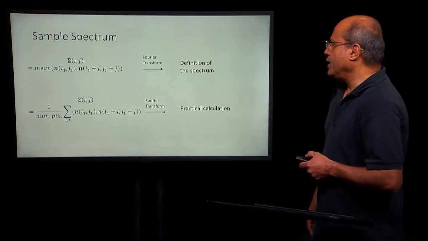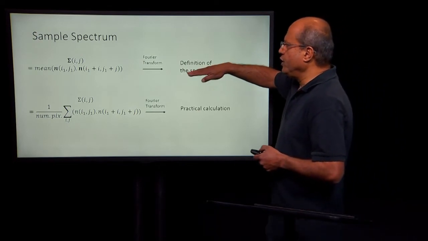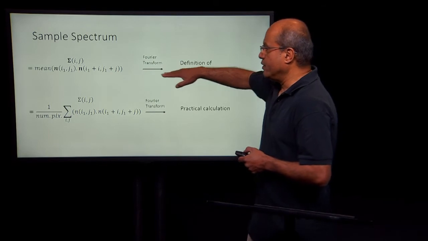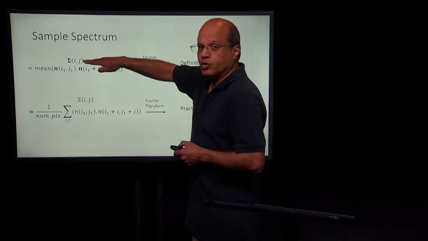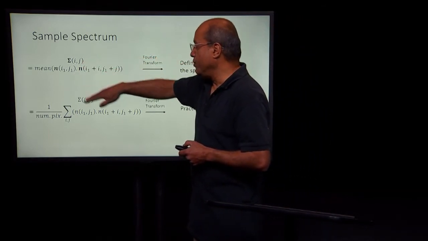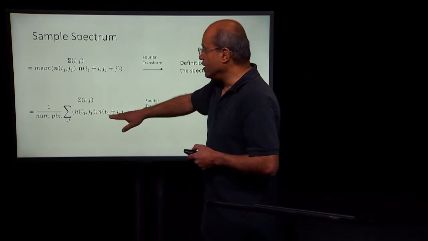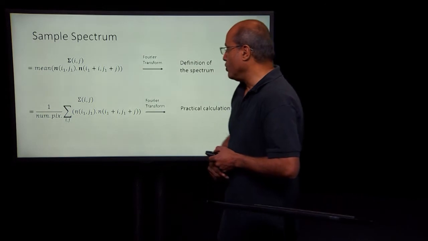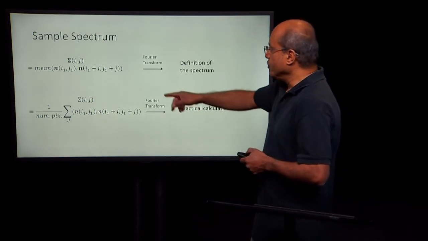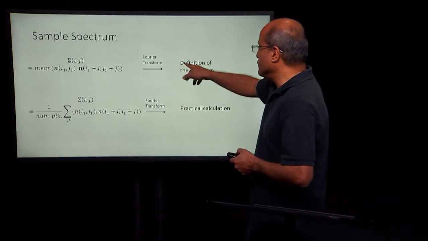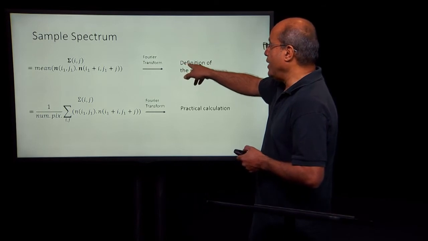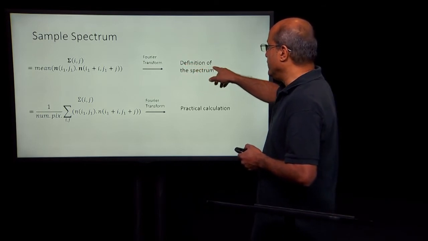Okay. And here again, we have to distinguish between the real definition of the spectrum, which uses the true autocorrelation function given random variables, with the spectrum that you calculate using a single image, which is the sample autocorrelation function. So if you took the true autocorrelation function, took its Fourier transform, and took the magnitude of that Fourier transform, you would get the real spectrum.